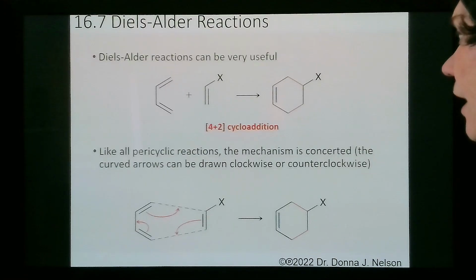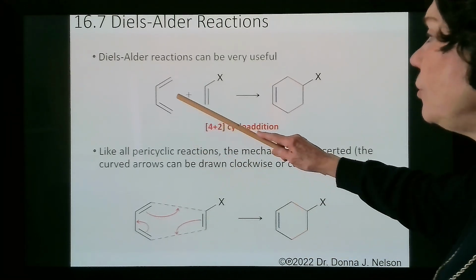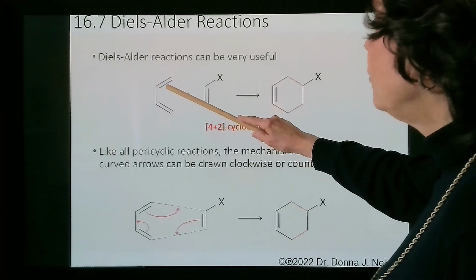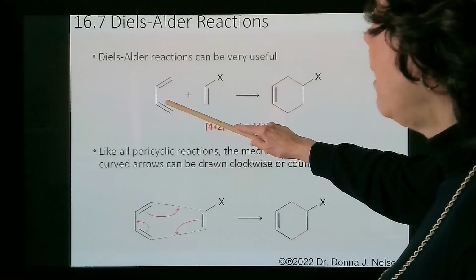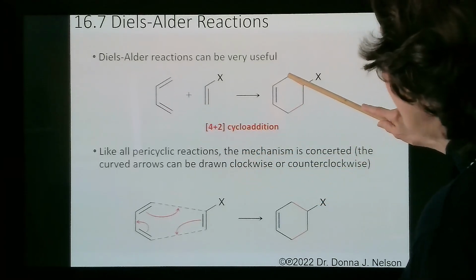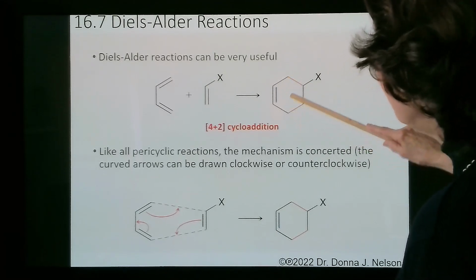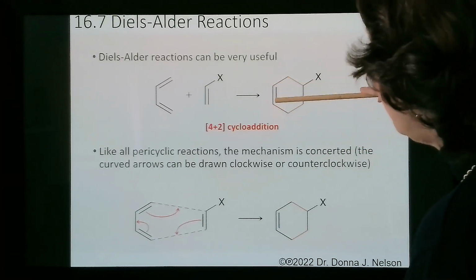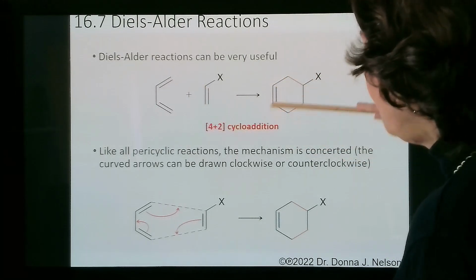The Diels-Alder reaction is a very useful reaction. Here you see it's a 4+2. So you can see that these two pi bonds are being lost. This pi bond is being lost. You have 2 sigma bonds being formed, and this pi bond is over here and is a new pi bond.